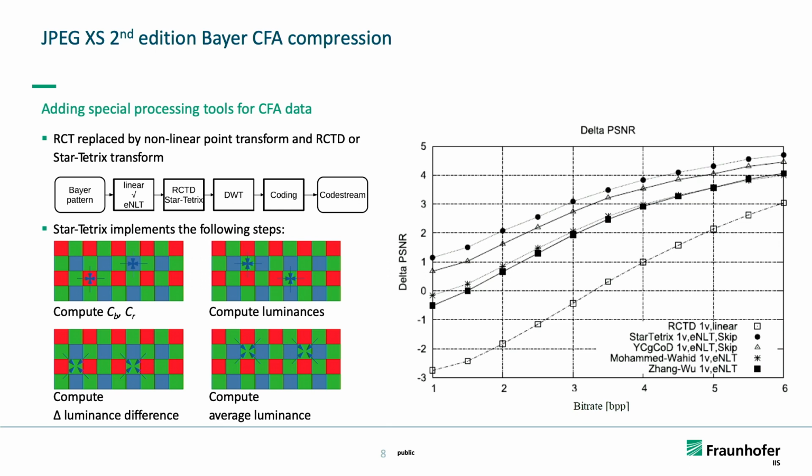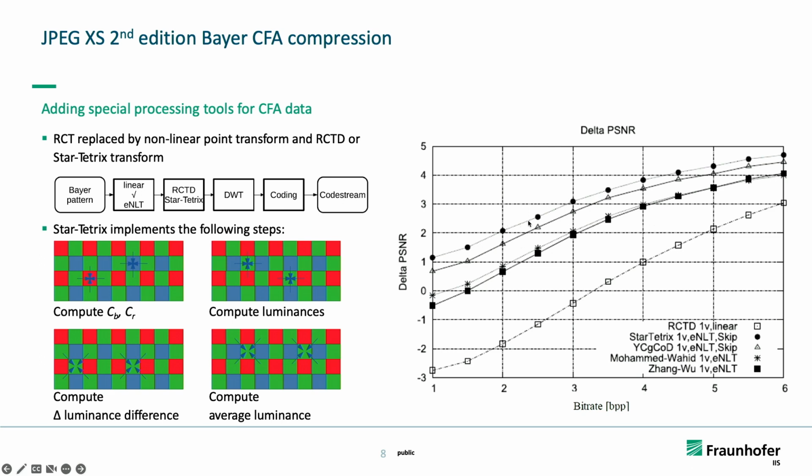Then we started with a second edition of JPEG XS. Here we concentrated more on Bayer CFA compression. We replaced the RCT by a nonlinear point transform and a so-called Star-Tetrix transform. On the diagram, you will see at the bottom a simple RCT plus a difference between the green components.